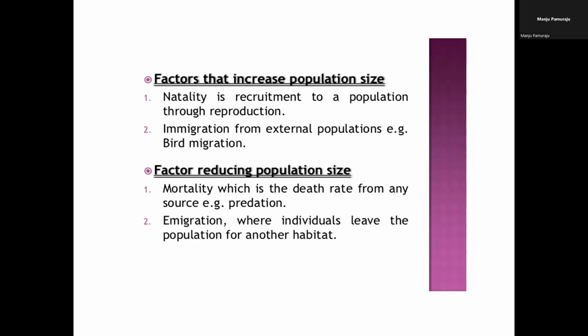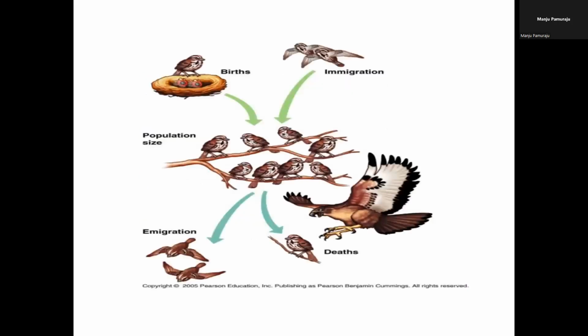It increases by natality and immigration, that is migration of birds, etc. Natality means birth rate. Due to birth rate and immigration, the population size is increasing, whereas due to death rate and emigration, that is moving to another area, the population size is reducing.